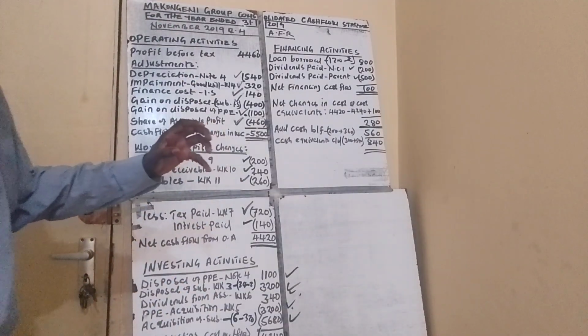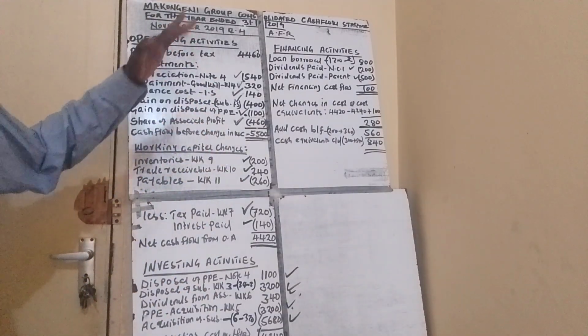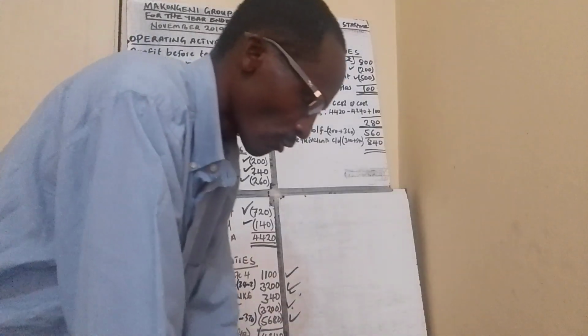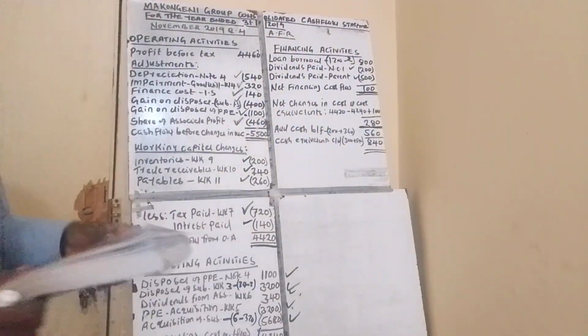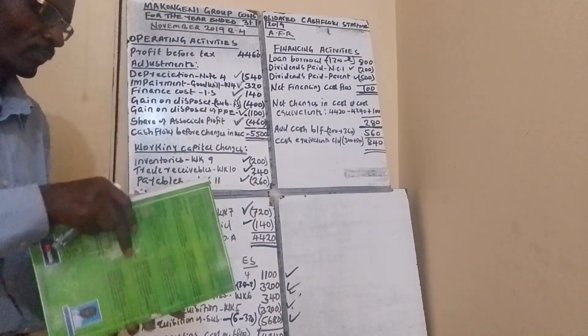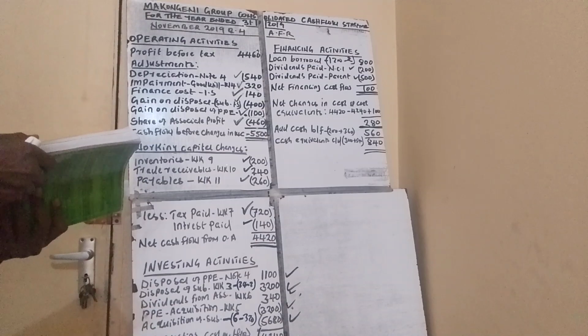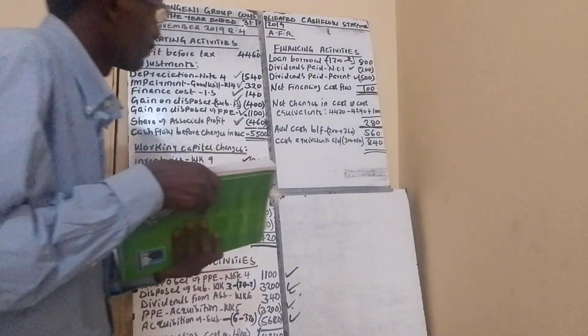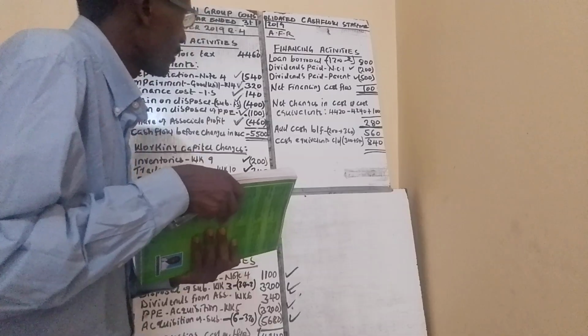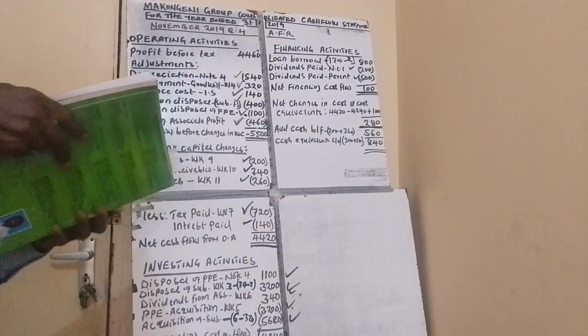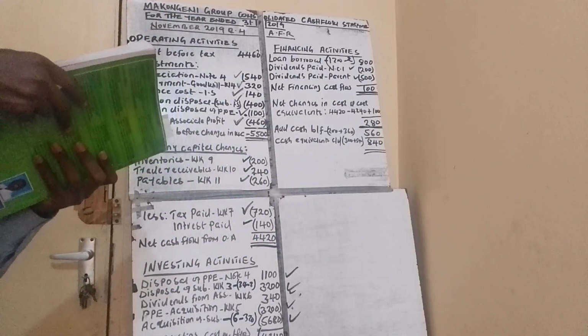So 280, you add the opening balance for cash and cash equivalents. Let me just check that.